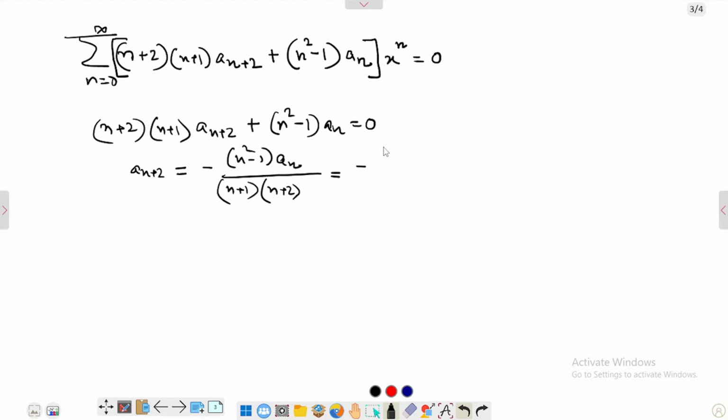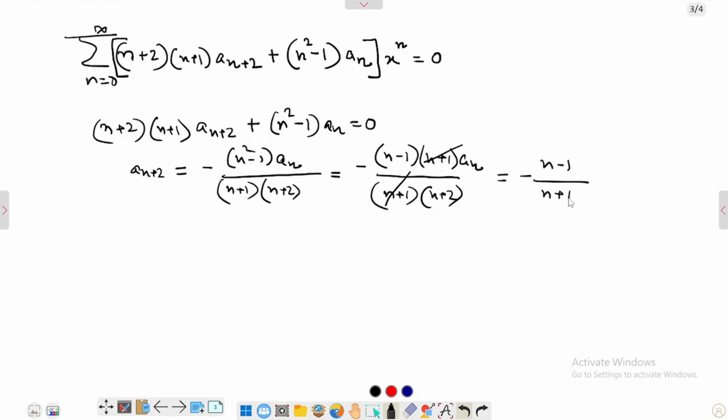I can write this in this format: (n−1)(n+1) a_n divided by (n+1)(n+2); the (n+1) goes away, and I can write (n−1)(n+1)... into a_n. After that, we'll put different values of n and I will find the coefficients.